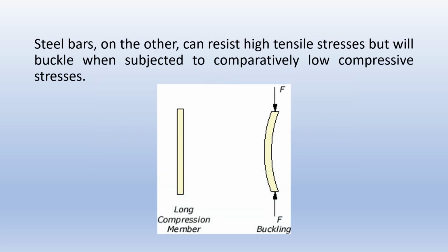Steel, on the other hand, has a capability of handling high tensile stresses or loads, but it will tend to fail when it comes to handling compressive forces or loads, and steel usually fails through what is referred to as buckling when loaded with compressive stresses.